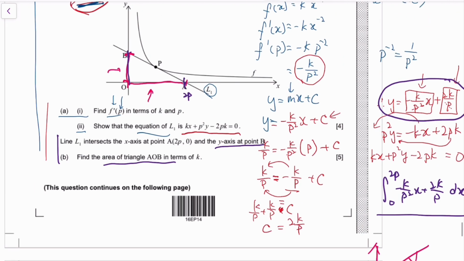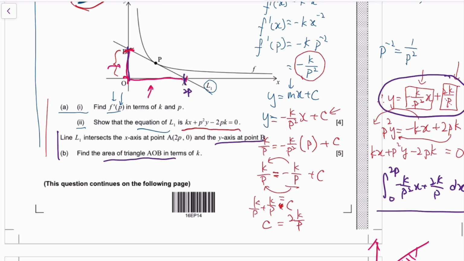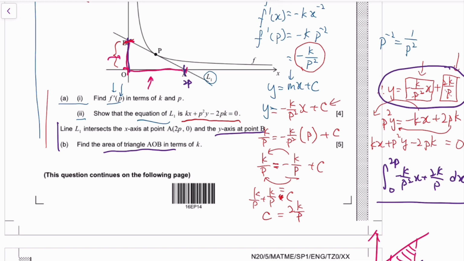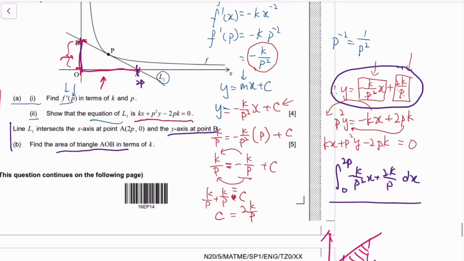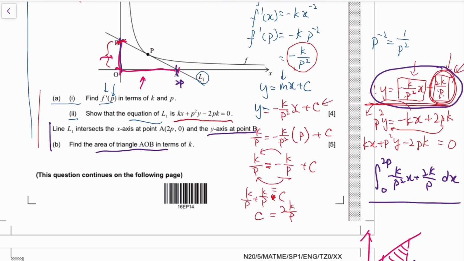So let's do that. In order to find the height, we need to find the coordinate of B, but B is simply the y-intercept of the tangent line. The y-intercept of a line that looks like this, y equals mx plus c, is simply the c. Okay? So B has coordinate 2k over p.